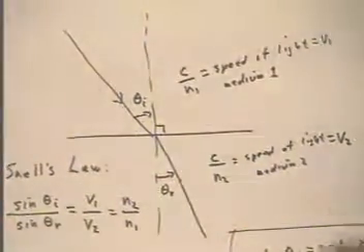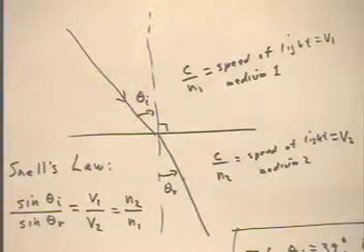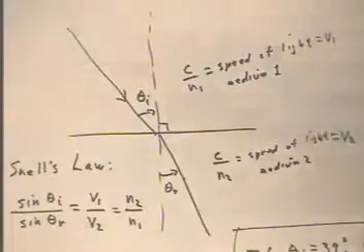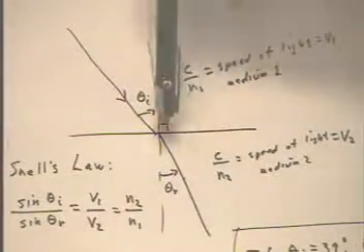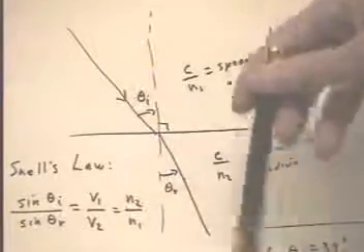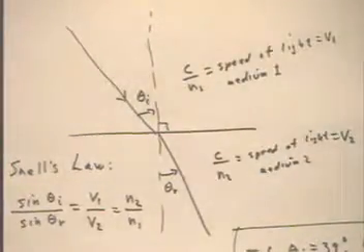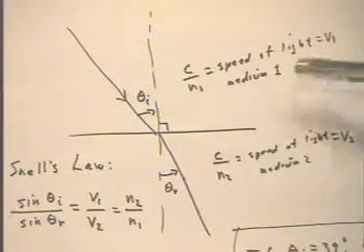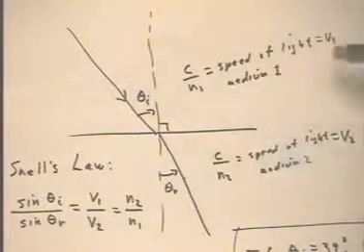Okay. Now, we have this N2 and N1. If this is the incident angle, and we assume now we've maybe turned our orientation around, we're coming in from the air like this. And then we're refracting into the water like this. So the incident angle is theta I, the refracted angle is theta R. The speed of light in this medium, which in this case is air, is V1.